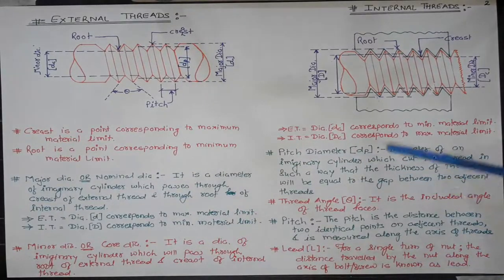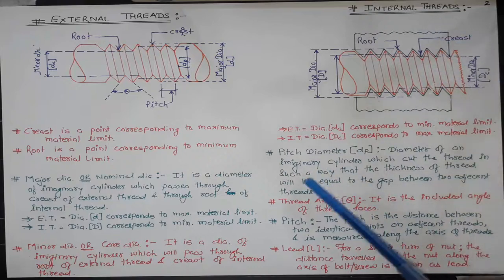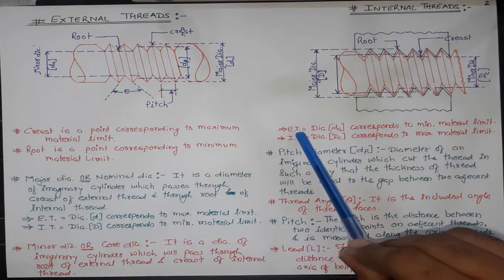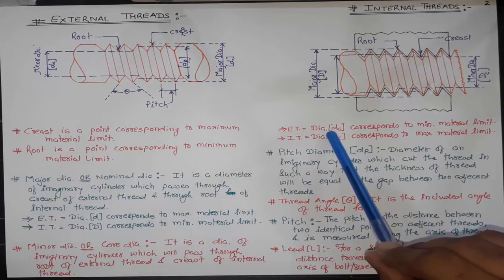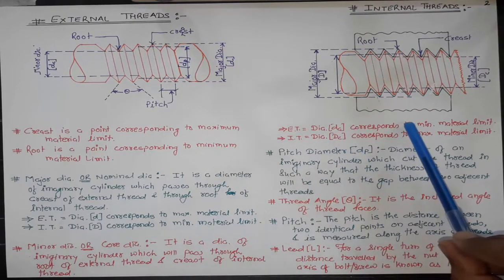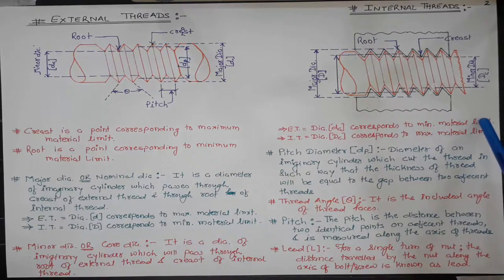While for an internal thread, this minor diameter represented by capital DC is an imaginary cylinder passing through the crest point of the internal thread. Therefore, we can say that for an external thread, this core diameter corresponds to the minimum material limit.